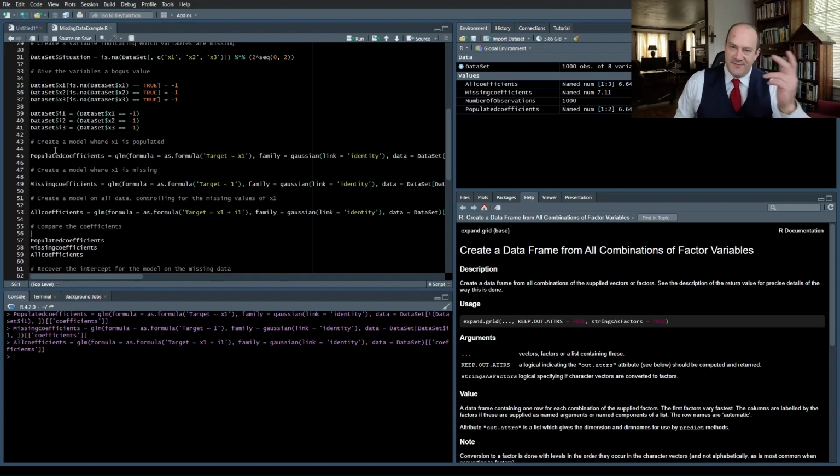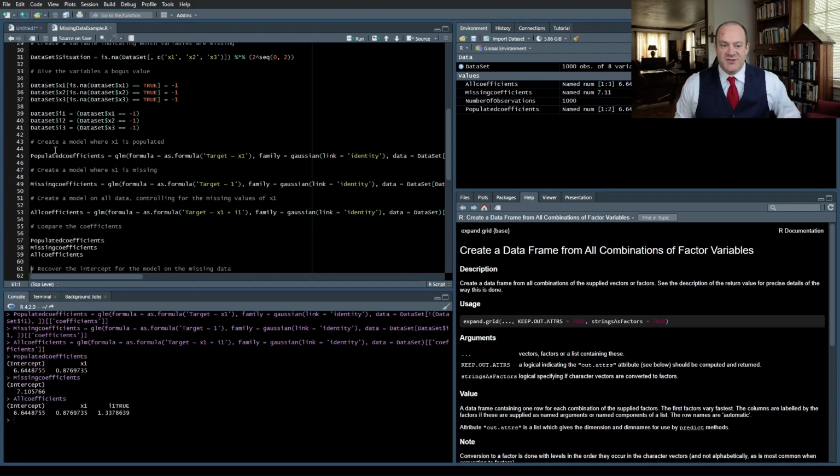And so what do I mean by the same model? Well, take a look at these coefficients coming out of each of the models. Look, in the case where we used all of the data, where it was populated and where it wasn't, the coefficient coming out on X is exactly the same.